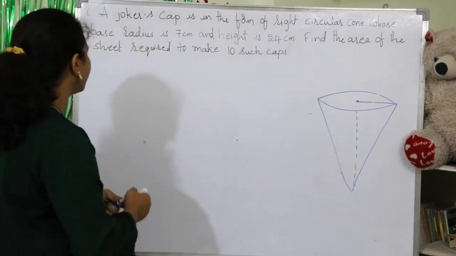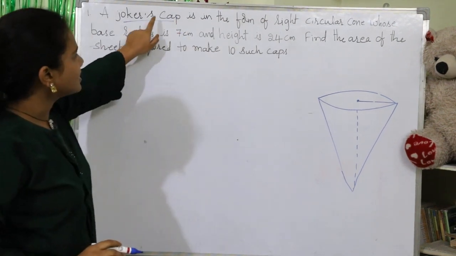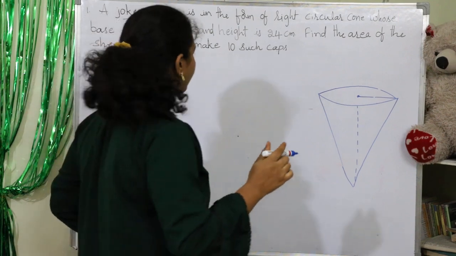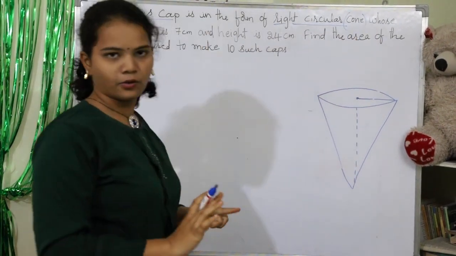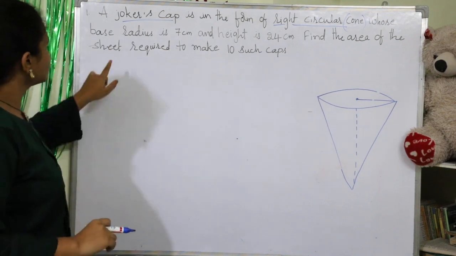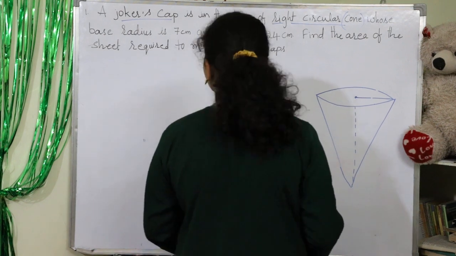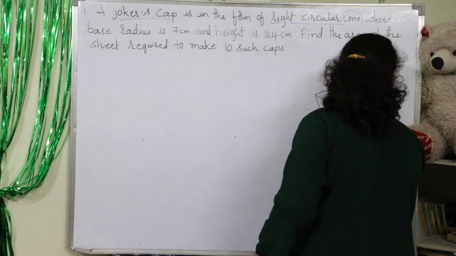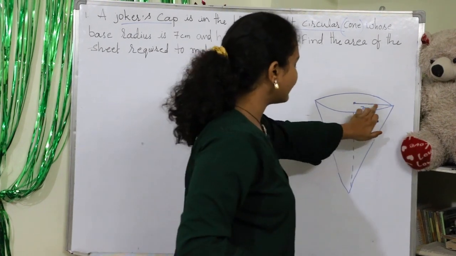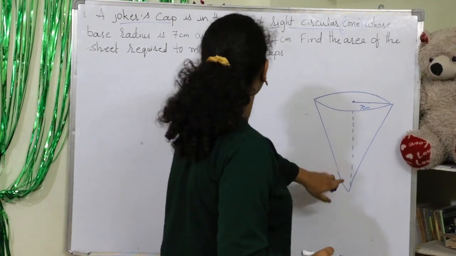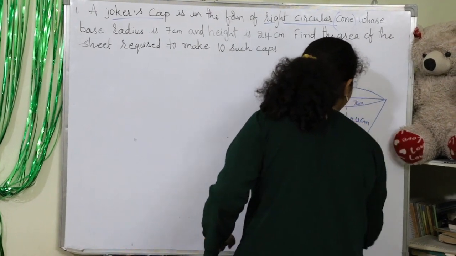As you can see, you have a joker's cap in the form of a right circular cone, whose radius is 7 centimeters and height is 24 centimeters.